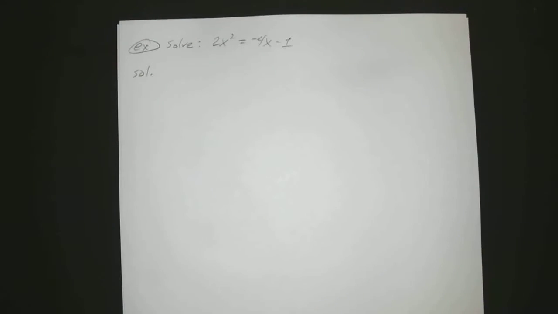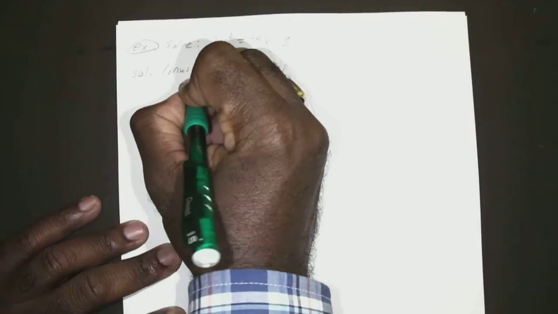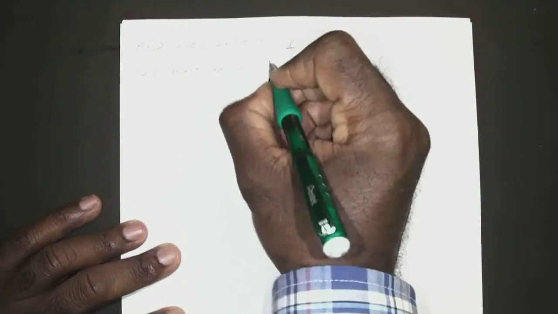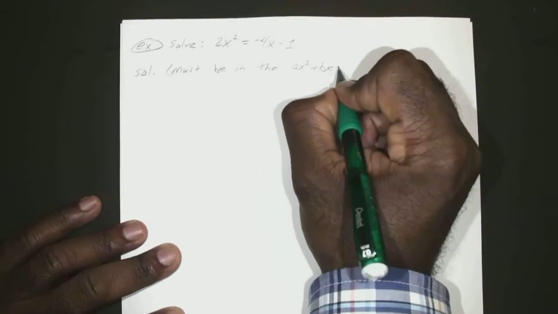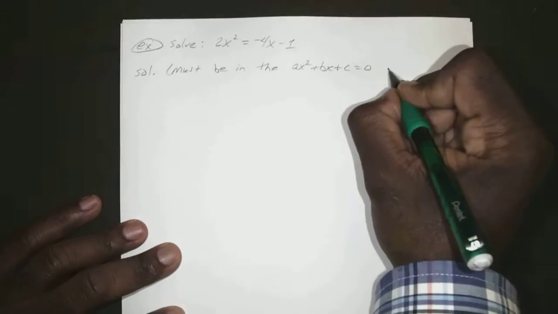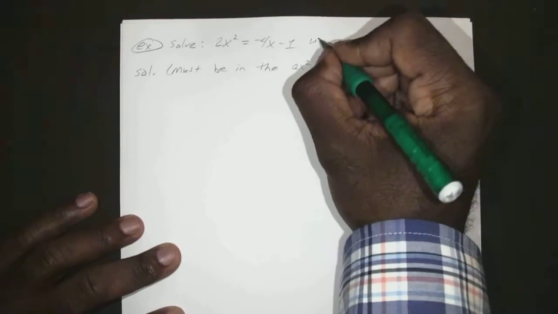All right, so for this one, we can't do anything with this one because it has to be in the ax squared plus bx plus c equals 0 form, using the quadratic formula.